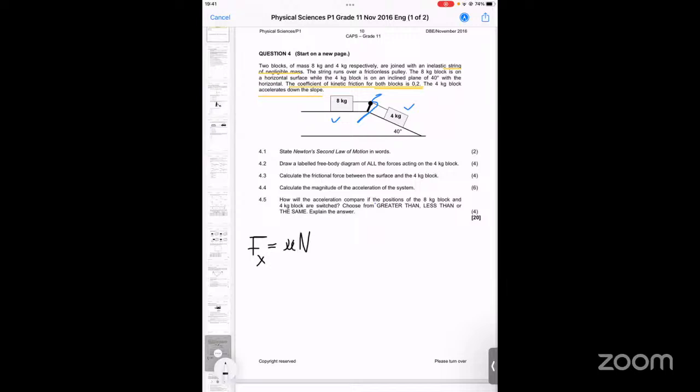Mu times N. Okay. And the coefficient is given to us as 0.2, and then I said times mg sin theta.